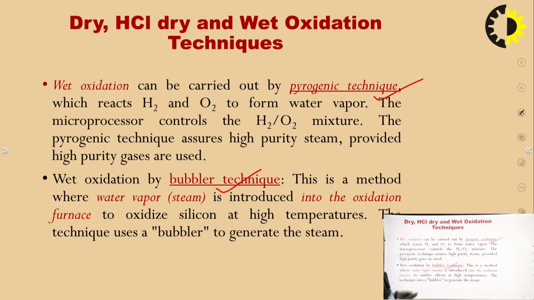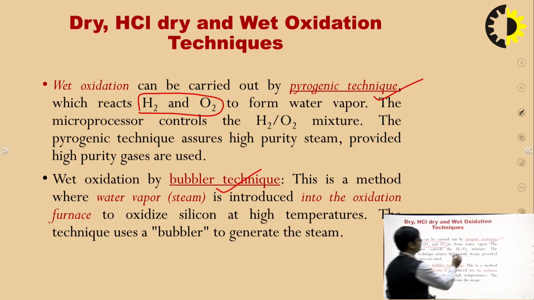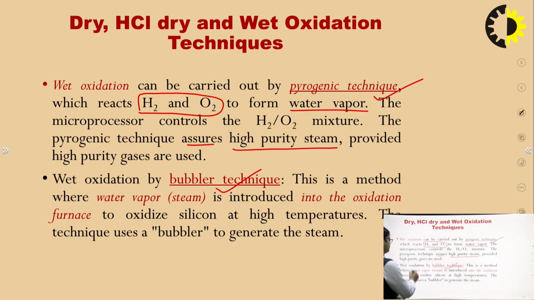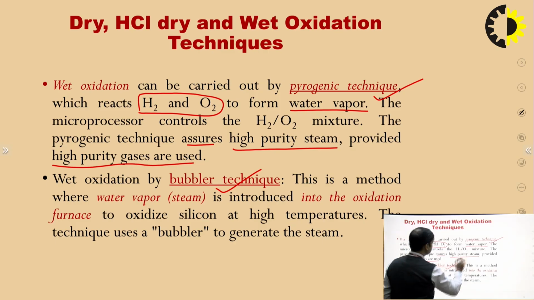In the first one, the pyrogenic technique, H2 and O2 molecules are used to form the water vapor, and this technique assures high purity steam, provided high purity gases are used. If we provide high purity hydrogen and oxygen gases, it assures the high purity steam.